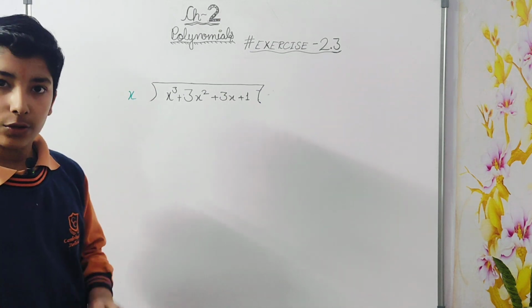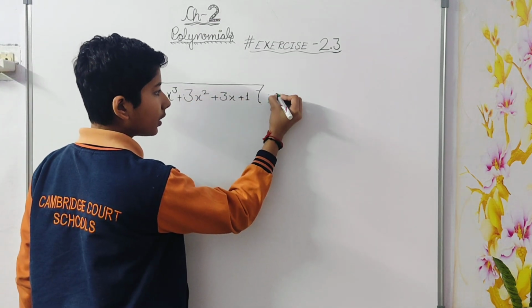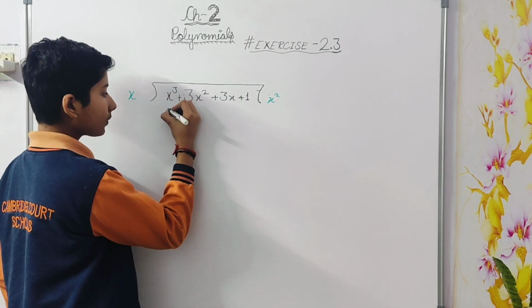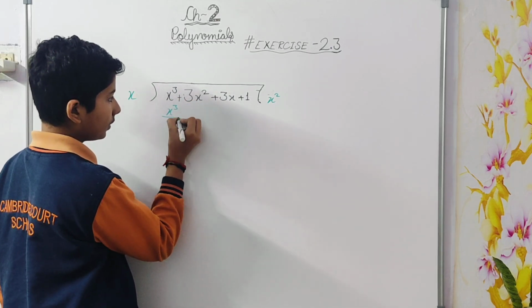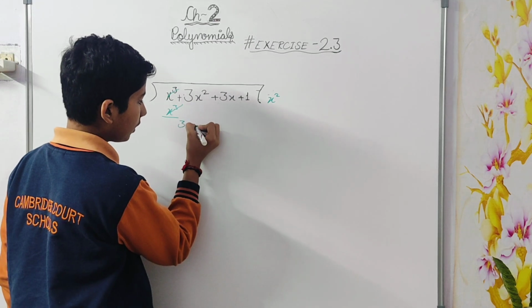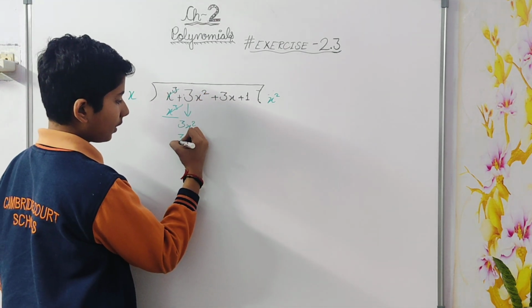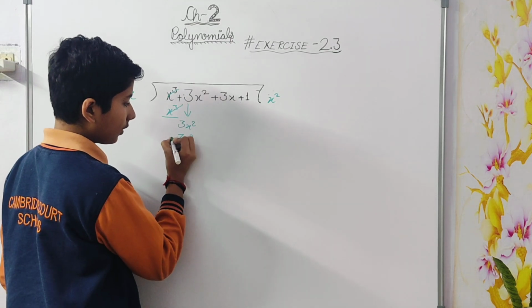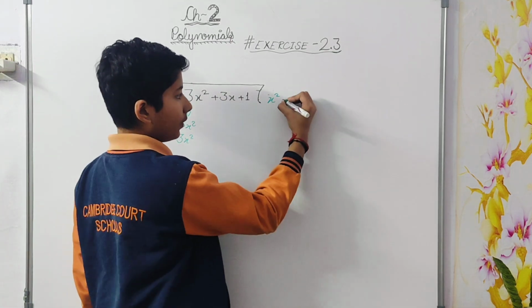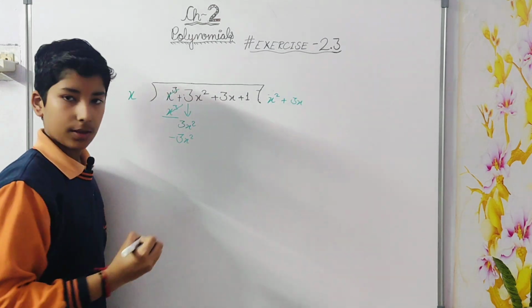So we'll put x square over here. x cube gets cut. Now 3x square will come here and get cut. We'll require 3x to make 3x square.